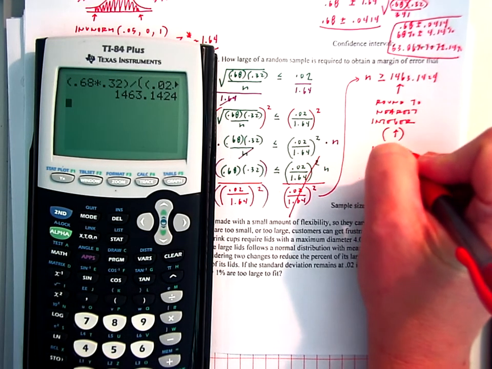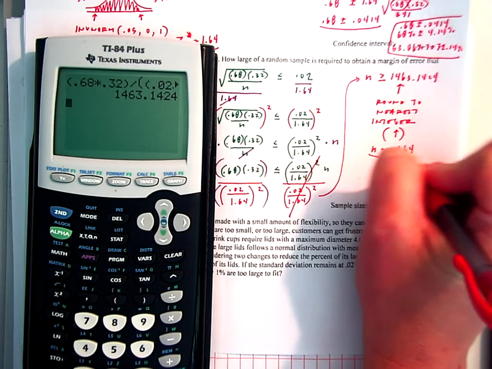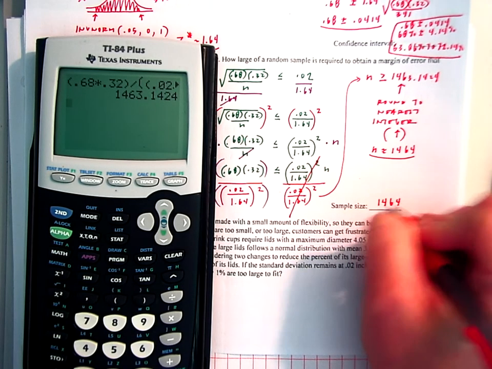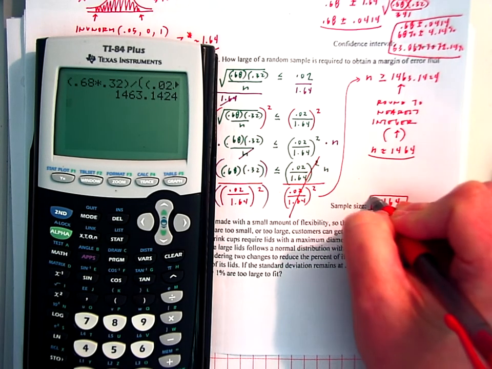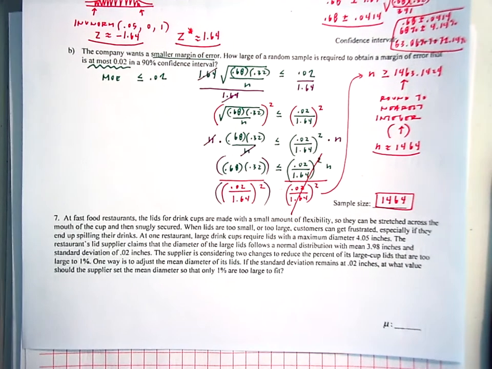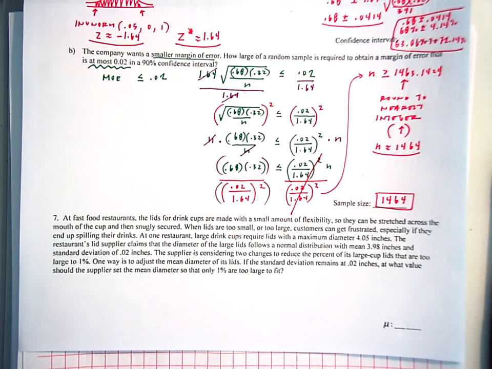So the integer value would have to be 1,464. So my sample size would be 1,464. Okay, this would give me a margin of error that is at the very most 2%, 0.02.